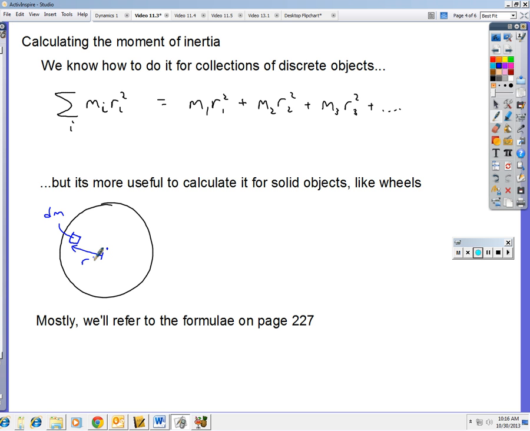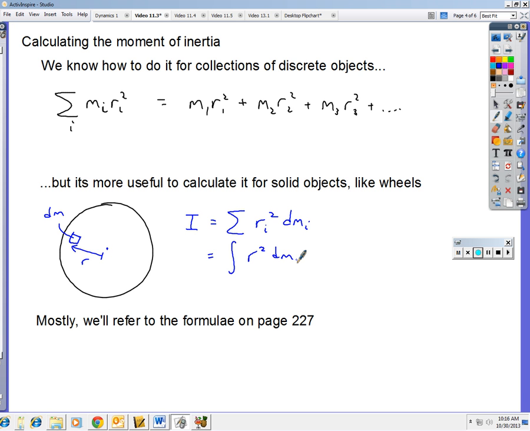So that'll be the sum of r squared times dm. And if we make dm very, very small, we'll get an integral. This is a Riemann sum, r squared dm.